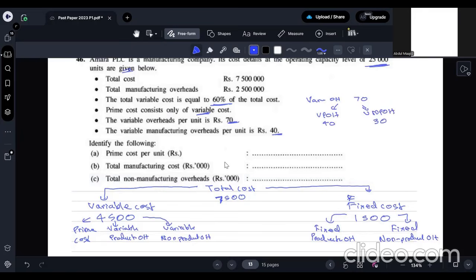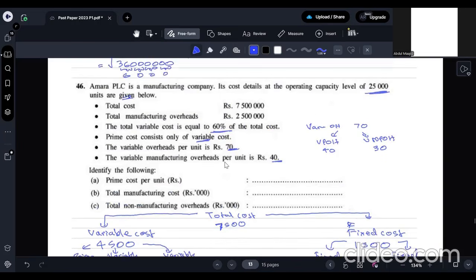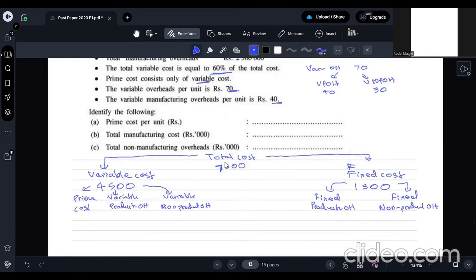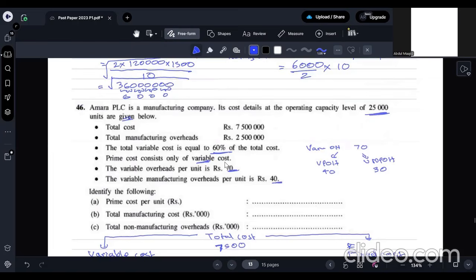And how much will be the total variable production overhead? 40 per unit. You're producing 25,000 units. 40 into 25,000 units, that is 1 million. Variable production overhead will be 1 million. Then variable non-production overhead will be 30 multiplied by 25,000 units, that is 750,000.